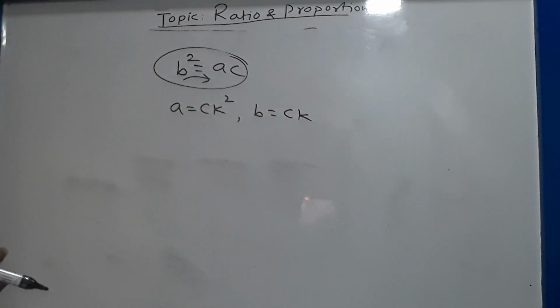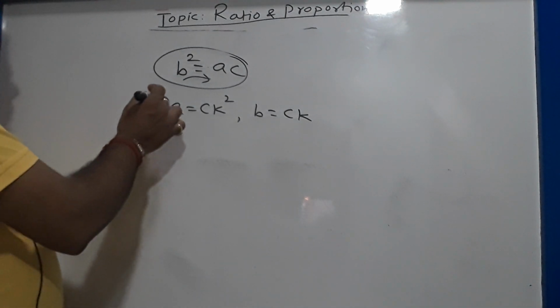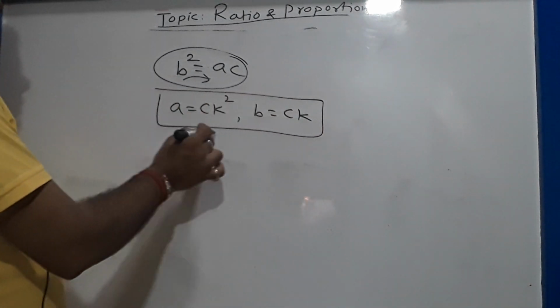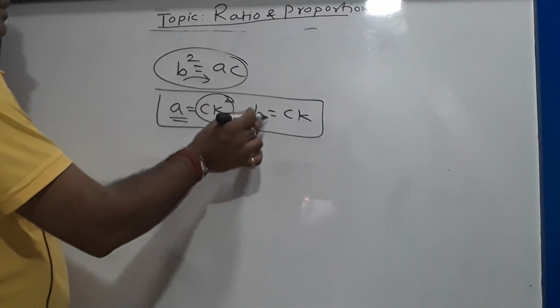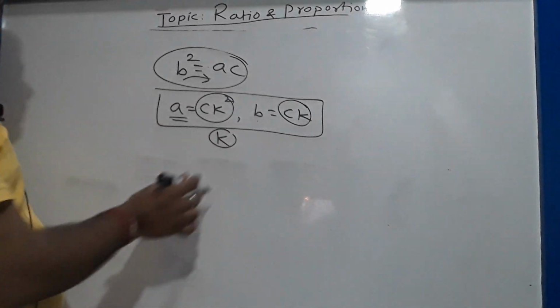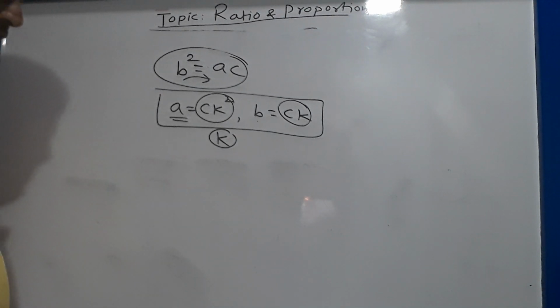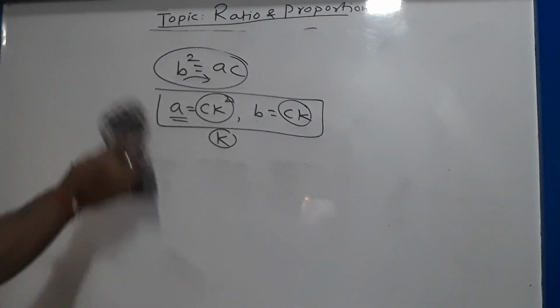Correct? Followed? In the K method you are going to replace A by CK square, B by CK, and simplify left hand side and right hand side. You will get the answer.